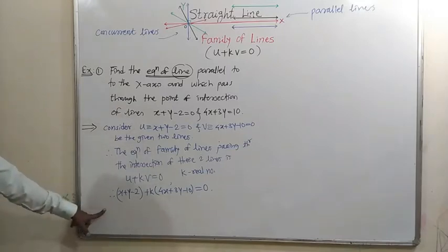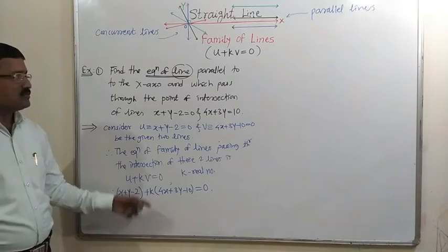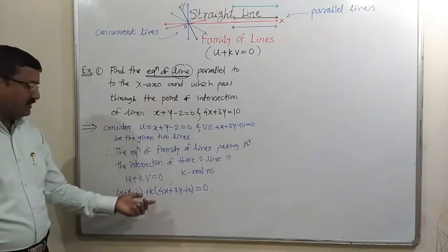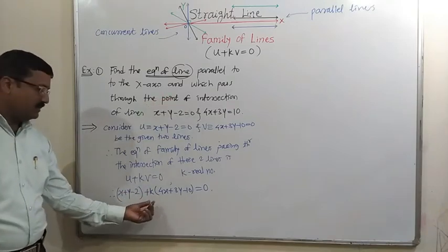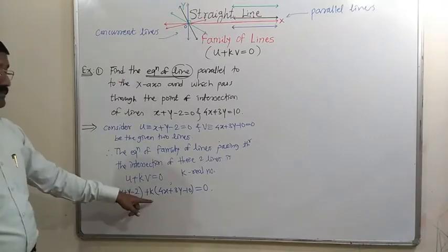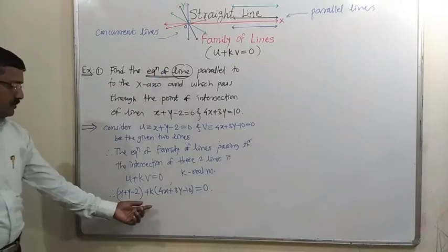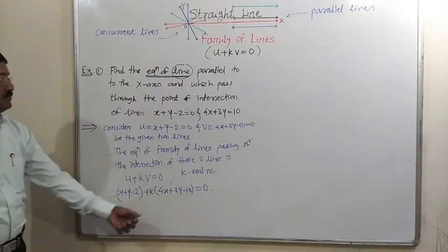So this is the equation of required line, but here k is unknown. So considering this second condition, we get this equation of line in which k is unknown. If we use this first condition, then we will obtain k, and that will give us the required equation of line. So what to do now here?